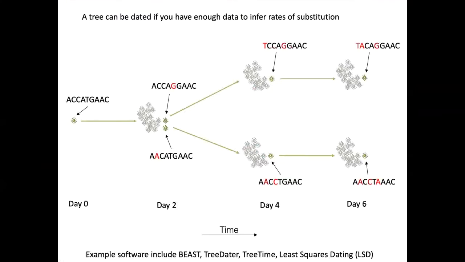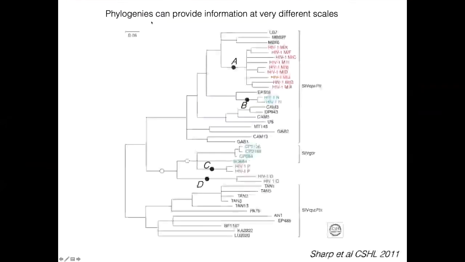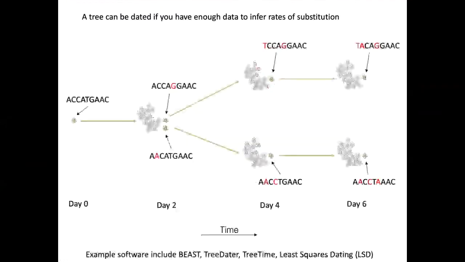Now, those trees were all in units of substitutions, but it's more natural to measure time in days or years. To do that, you can take the phylogeny that we've been looking at, and if you have enough data to infer the rates of substitution, so here we've got 3 substitutions relative to the ancestor, and both of the sampled viruses have 3 substitutions relative to the ancestor.